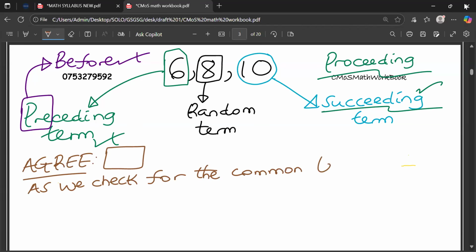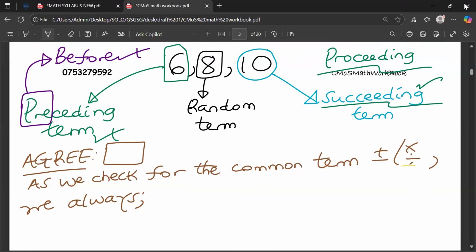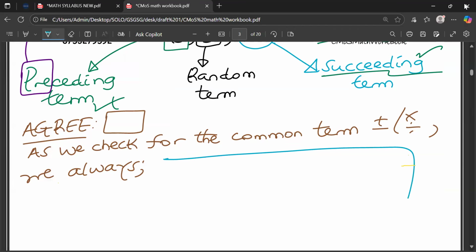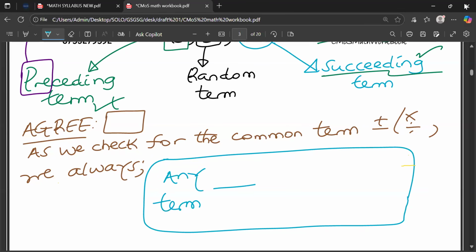As we check for the common term that is added or subtracted, multiplied or divided, do people agree with me that we always get any term, then subtract the preceding term?